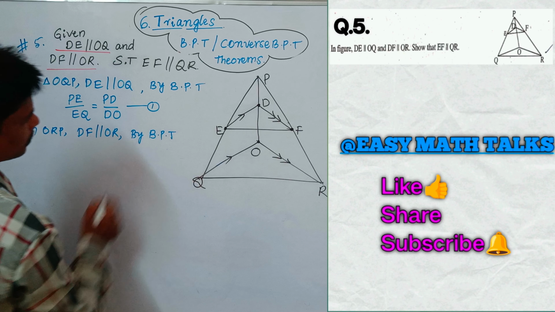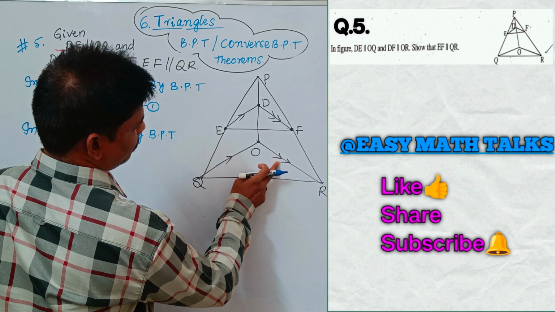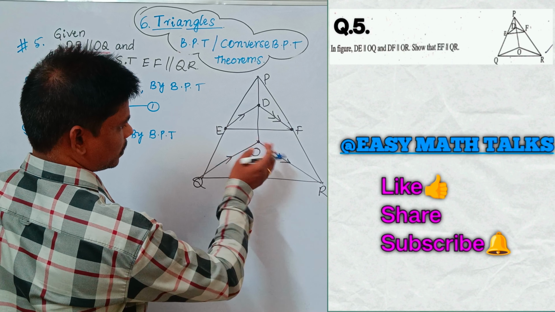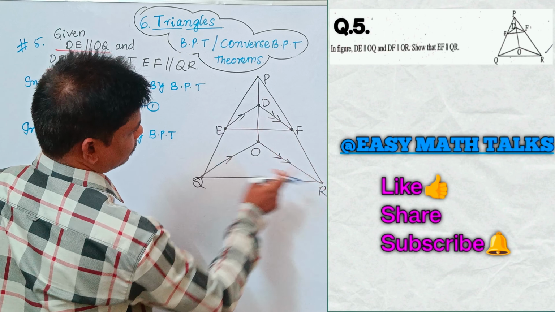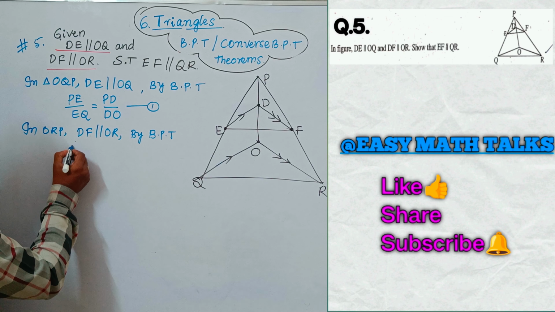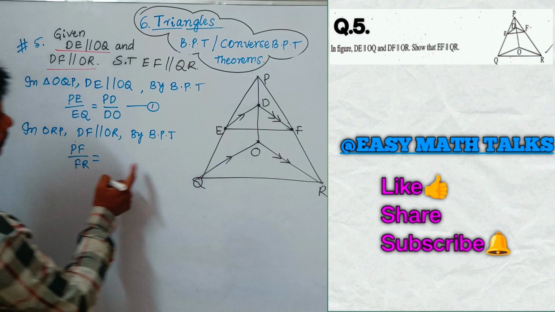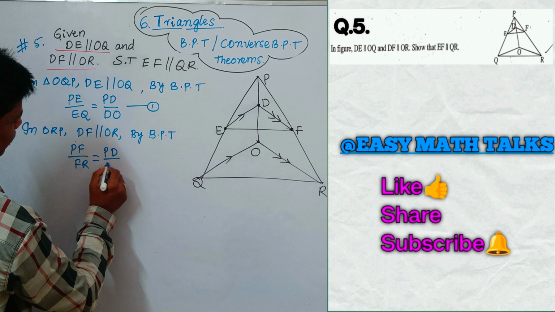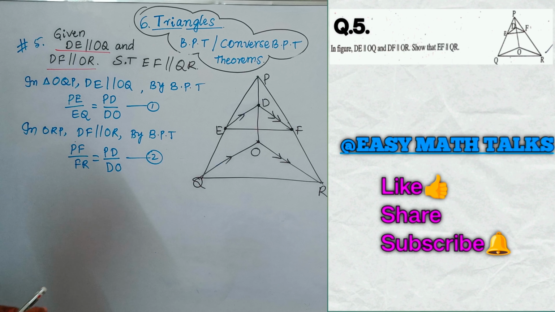By BPT, since these two lines are parallel, the other two sides are divided in the same ratio. So PF by FR is equal to PD by DO. This is equation 2.